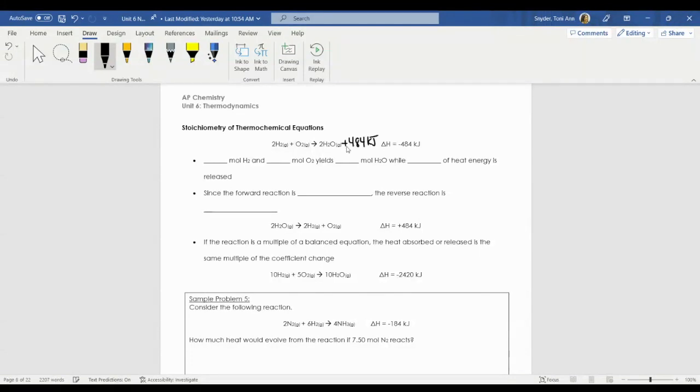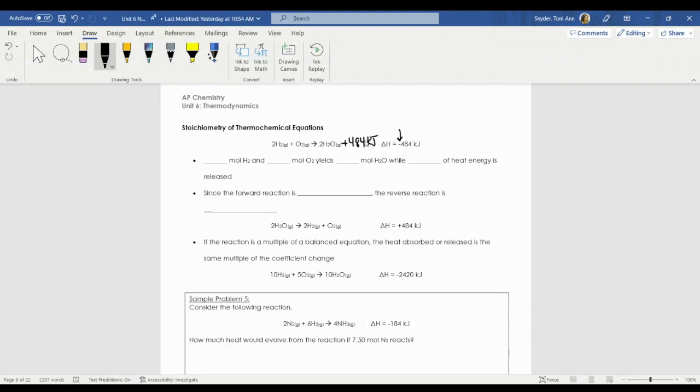I don't have to worry about the negative sign. The negative sign just tells me whether or not this is a reactant or a product. So because I'm placing that 484 as a product, I don't have to include the negative sign. This is more for semantics to tell me where this is going, product side or reactant side.